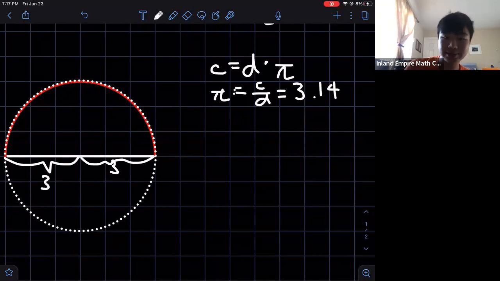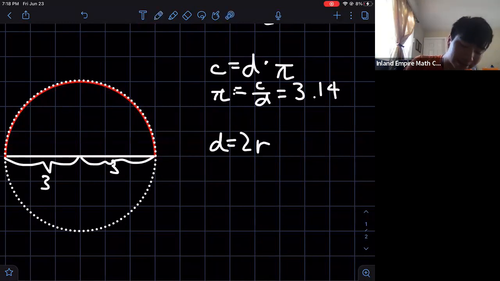If we remember, we can use the definition like this. Currently the radius is actually going to be 3, since these lengths right here are 3. That means we can figure out the diameter, since the diameter is equal to 2 times the radius. Think about it: the radius is the distance from the center point to the edge.